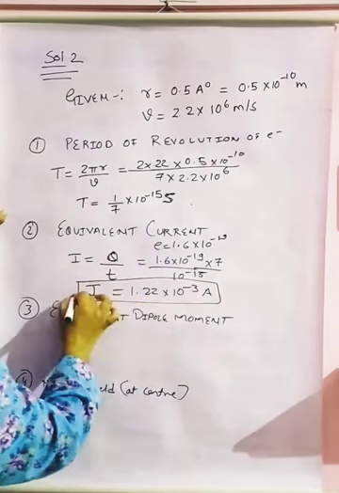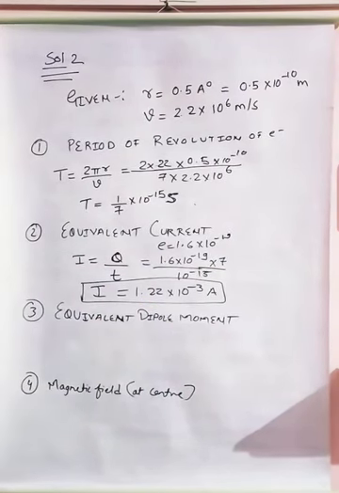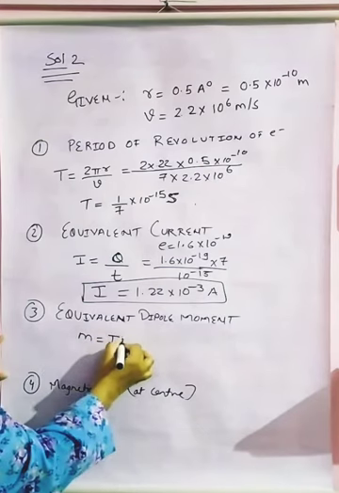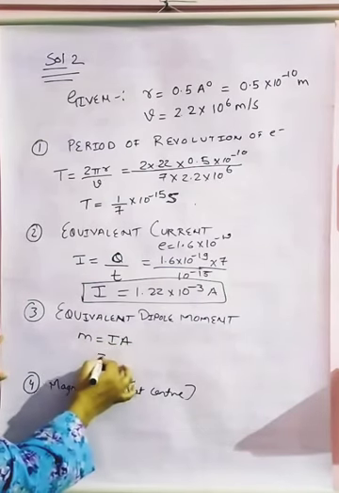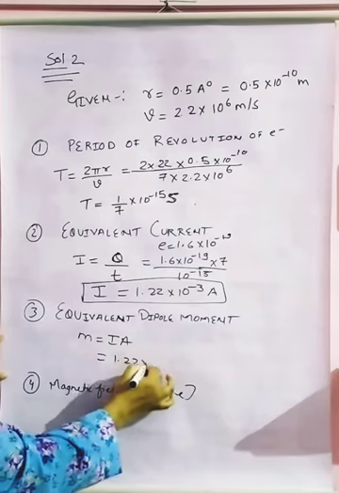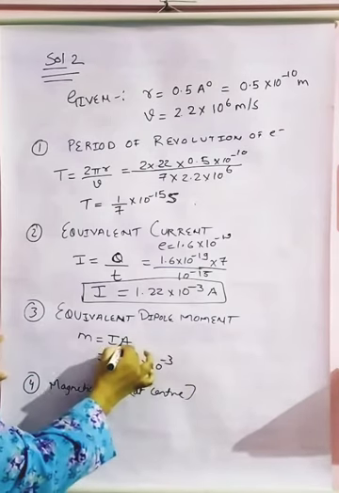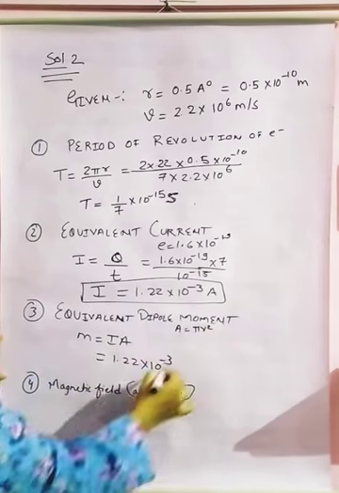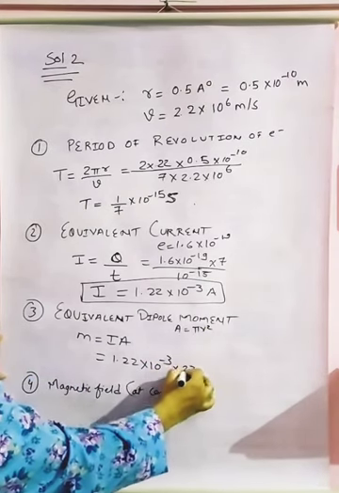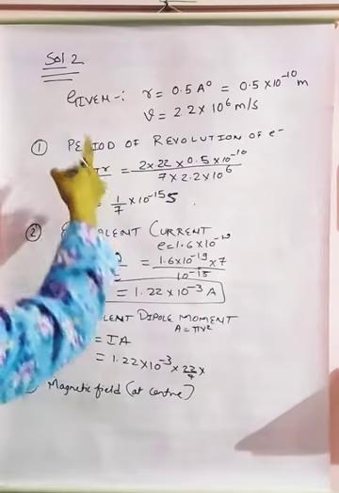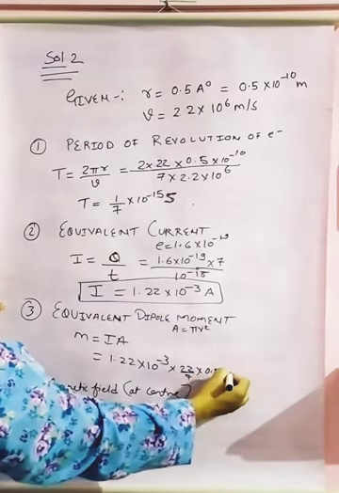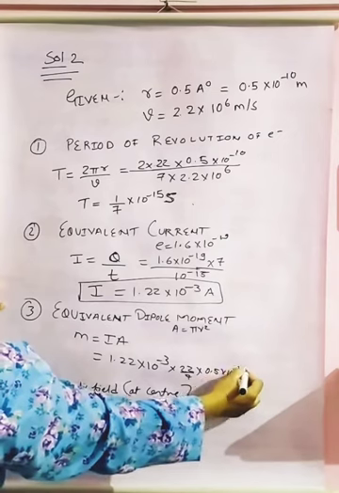Okay. Now we have to calculate the dipole moment. So what is the formula for dipole moment? M is equal to IA. What is the value of I? 1.22 into 10 to the power minus 3. A, if you remember, is equal to pi r square. So what is A? Pi will be 22 by 7. R we already have, that is 0.5 into 10 to the power minus 10, whole square.